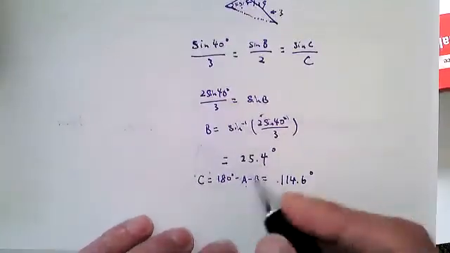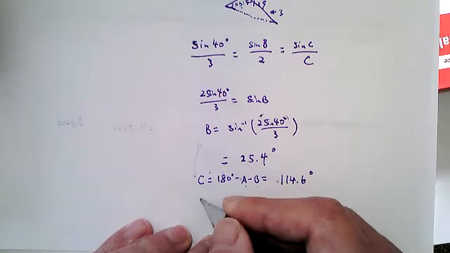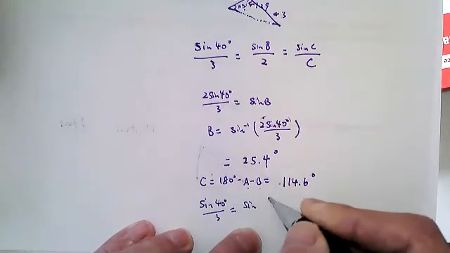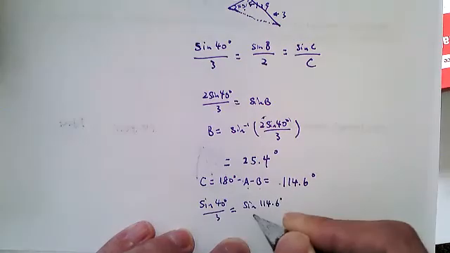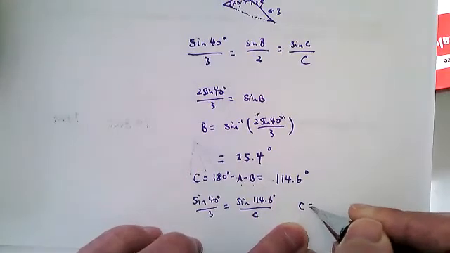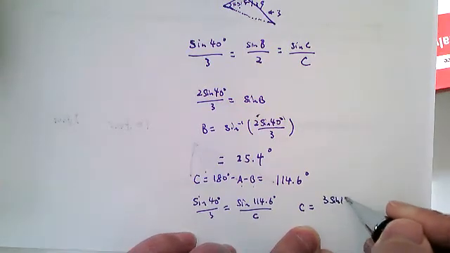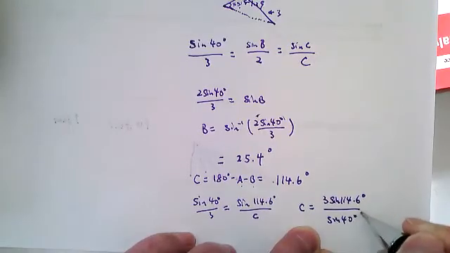So sine 40 over 3 equals sine 114.6 over C. So C is 3 sine 114.6 over sine 40.